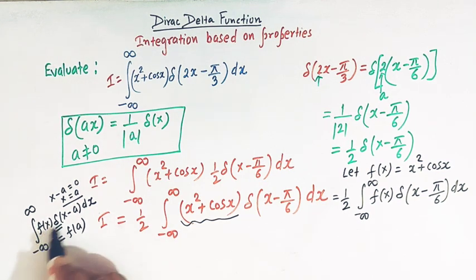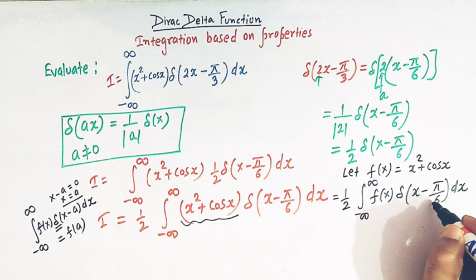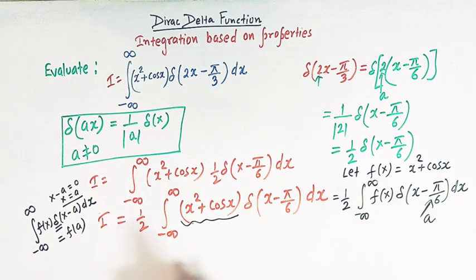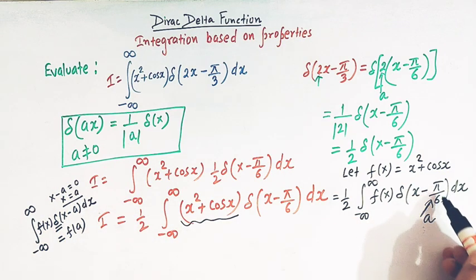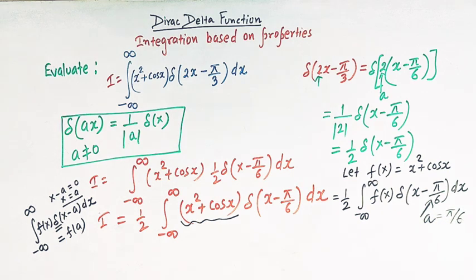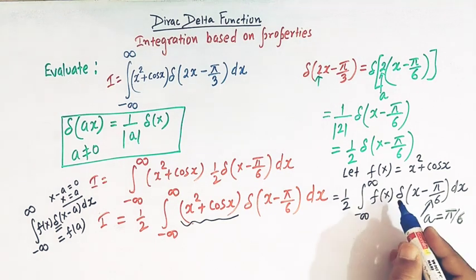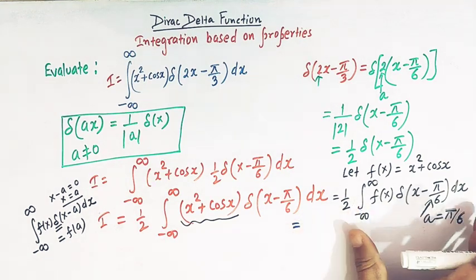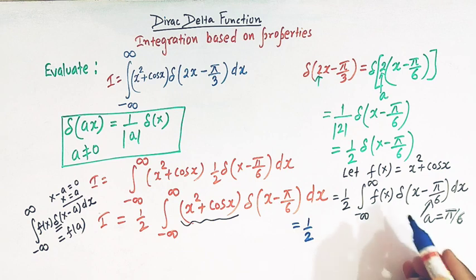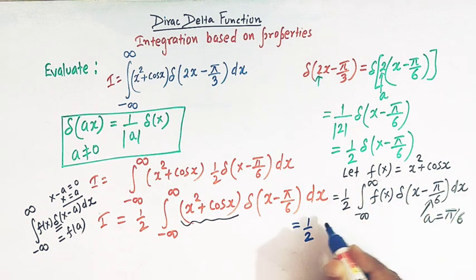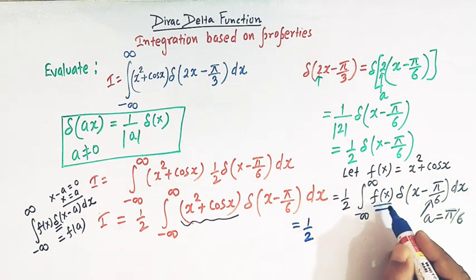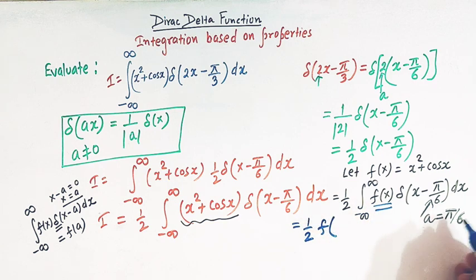Now if we compare this integral with this one, here we have x minus pi by 6, so the value of a is pi by 6. The value of this integral is half times the value of the function f of x at this point, that is pi by 6.